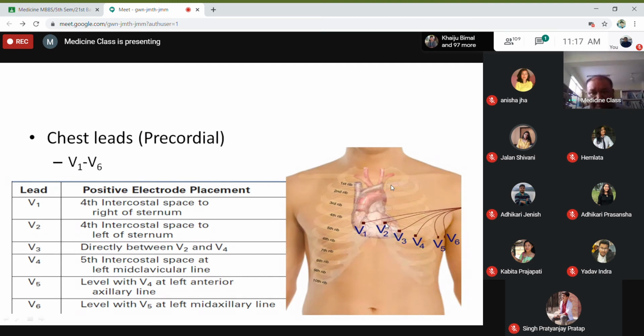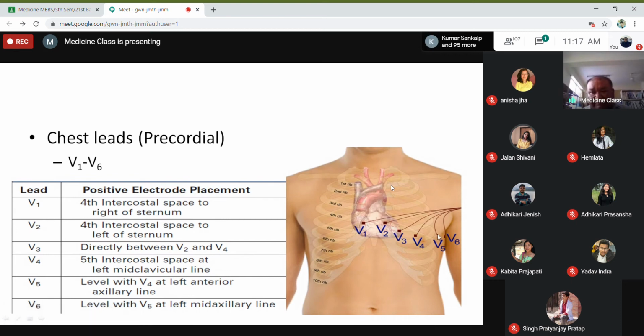We don't put V3 first. We put V4 at the mid-clavicular line on the fifth intercostal space, and in between, we put V3.